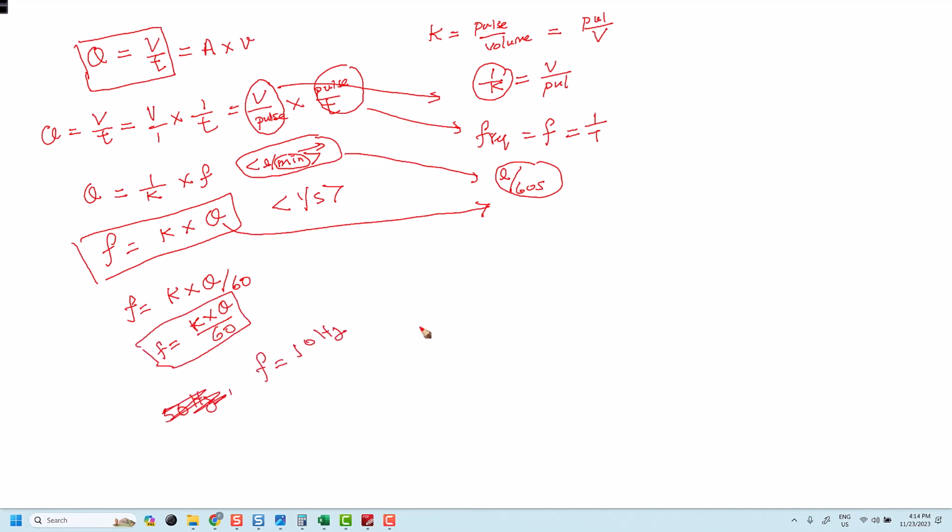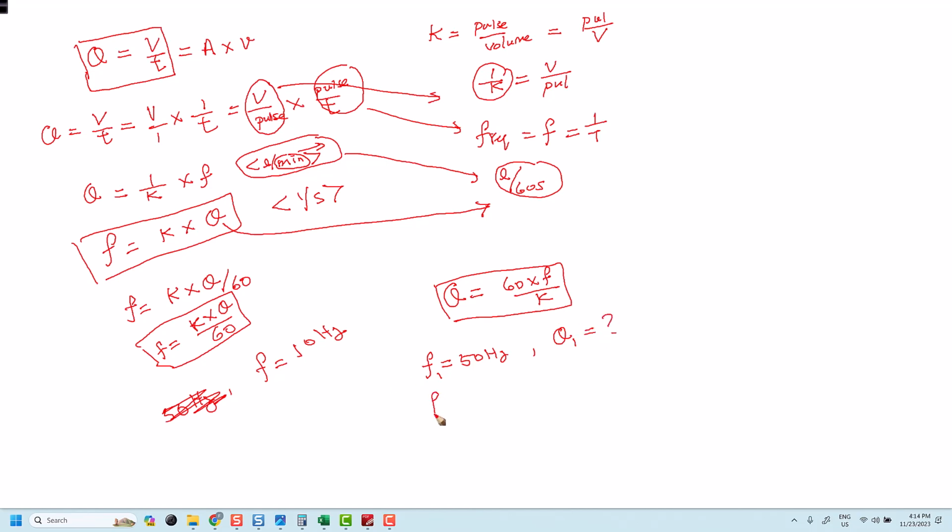Based on the given frequency signal that you inject, you can get the flow rate. So if, let's say, you want to understand easily, you can rewrite the formula like that: Q is equal to 60 times frequency, okay, divided by K. If, let's say, I inject a frequency of 50 Hz, you will get the corresponding flow rate.